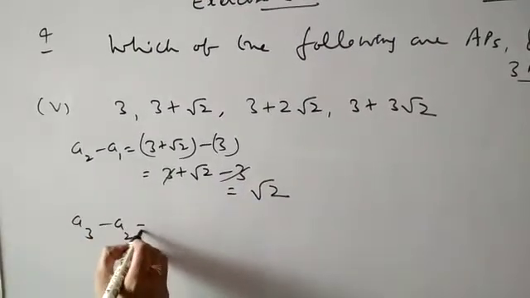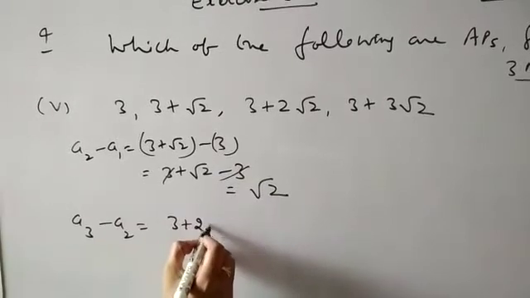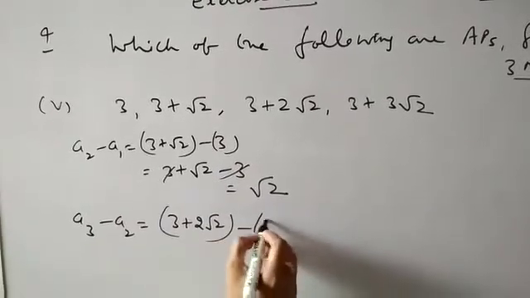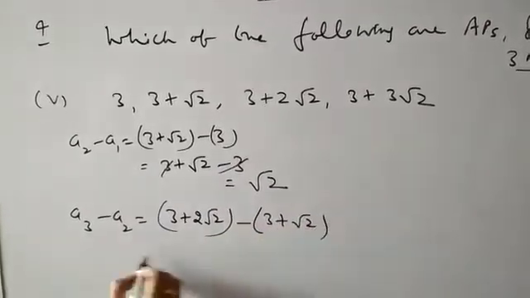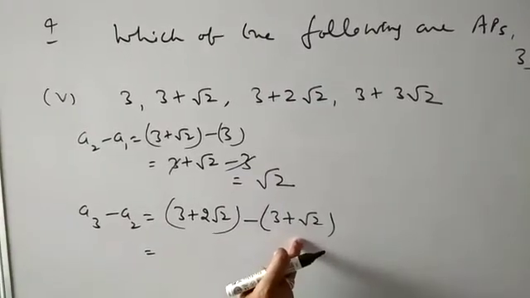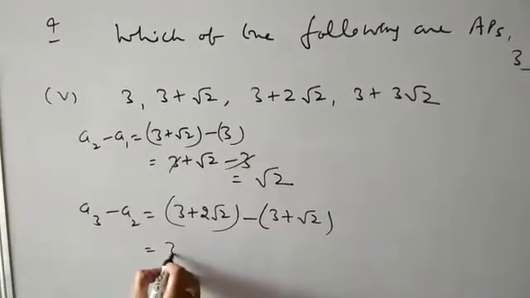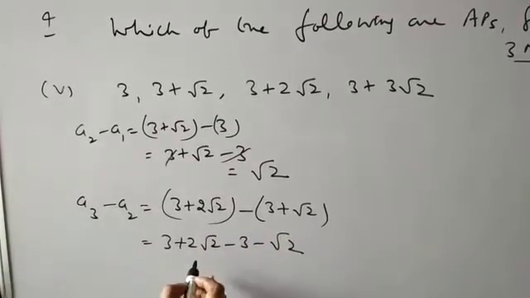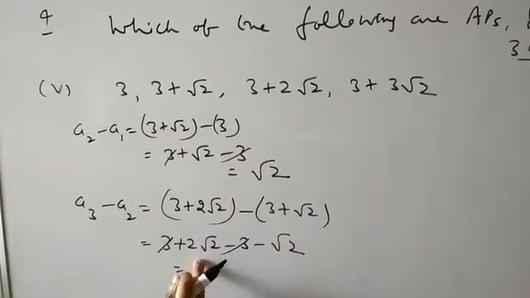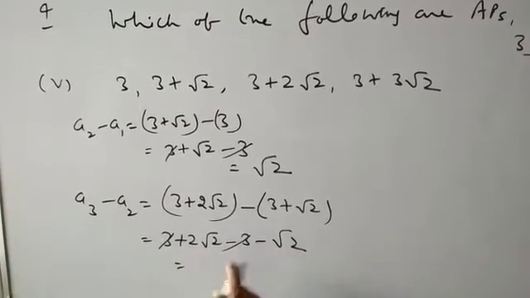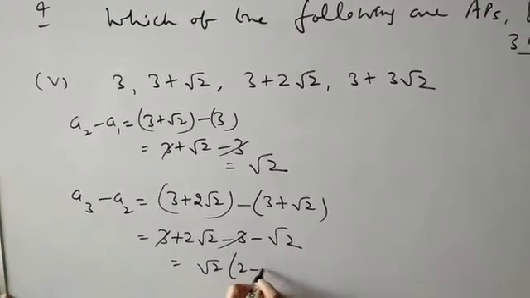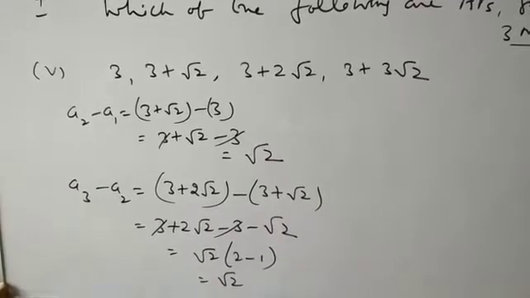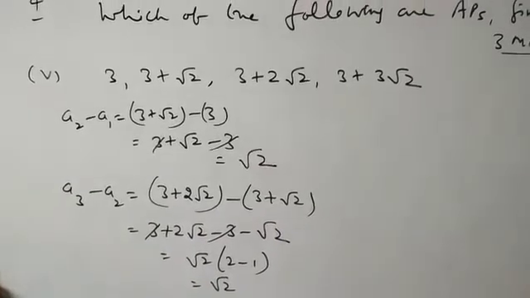A3 minus A2, 3 plus 2 root 2 minus 3 plus root 2. When you write here, keep it in bracket so that when the minus sign is outside the bracket, the sign will be changed. And 2 root 2 minus root 2, root 2 common, 2 minus 1. So again it is root 2.